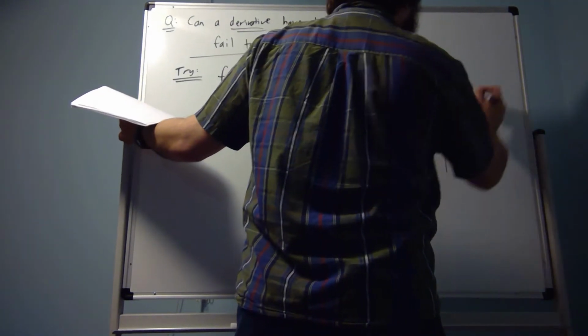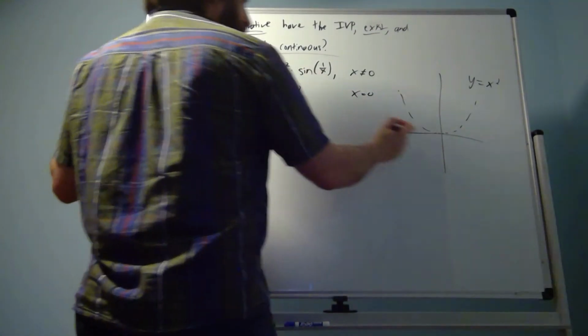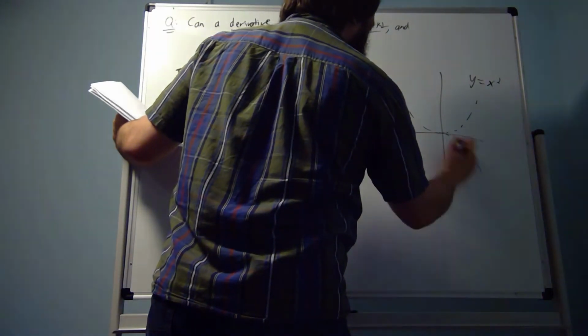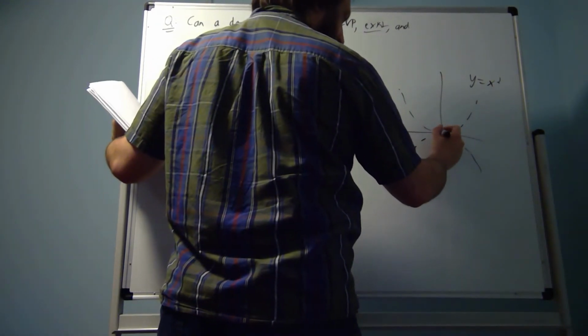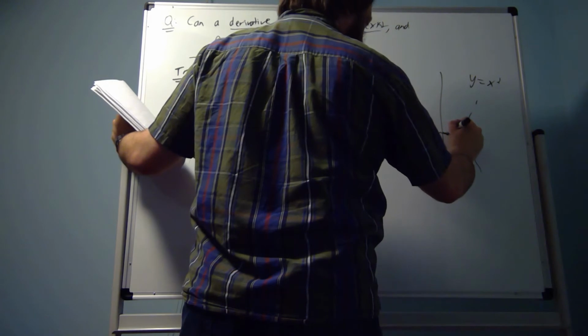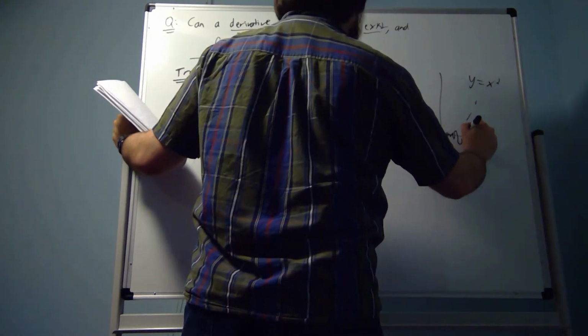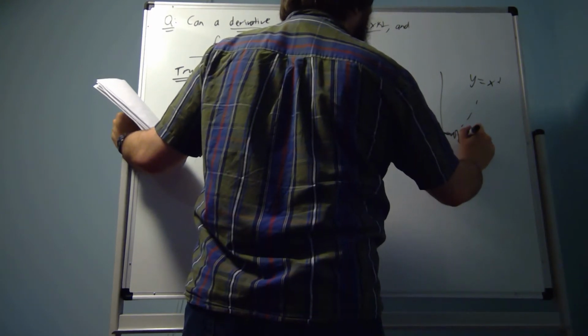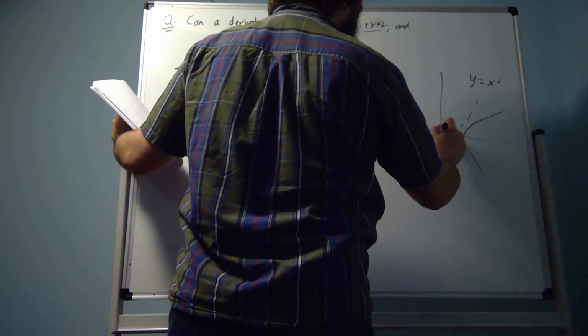So we have these kind of guidelines: y equals x squared, y equals minus x squared. Ooh, what's going to happen at that? It looks like no matter what we do, yeah, something like that.